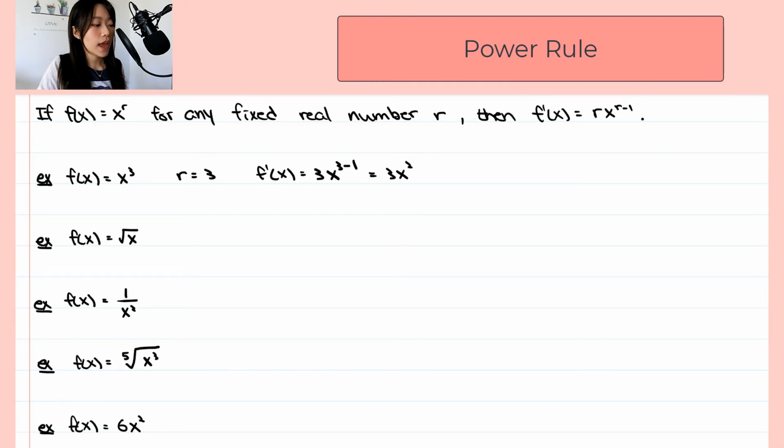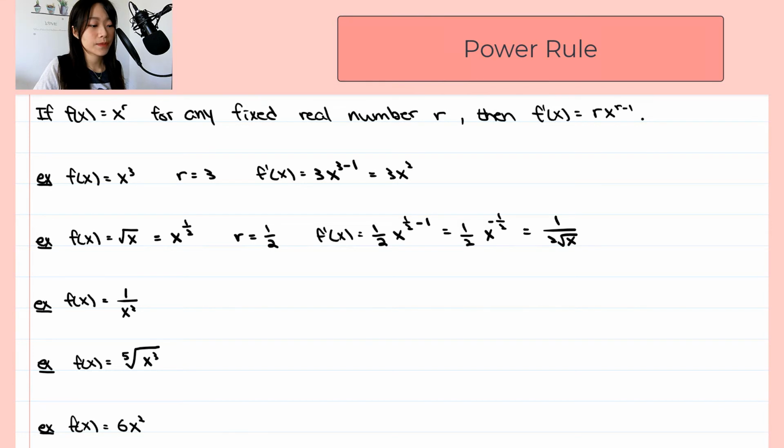The square root of x equals x to the power of half. So in this case, r is 1 over 2. So its derivative would be 1 over 2 times x to the power of 1 over 2 minus 1, which equals half times x to the power of negative half. Or you can rewrite this as 1 over 2 times the square root of x.